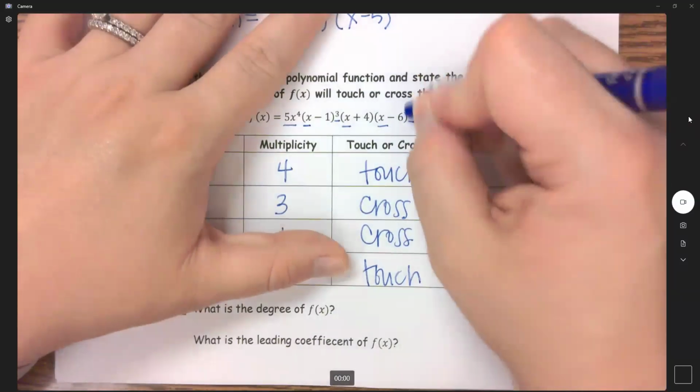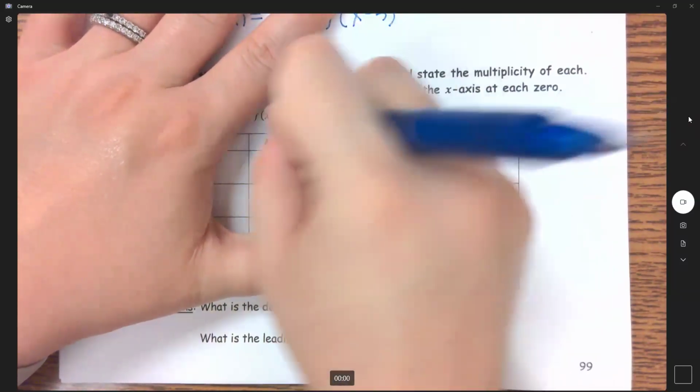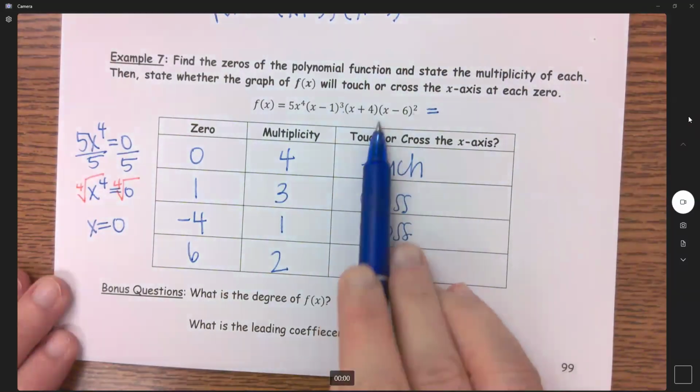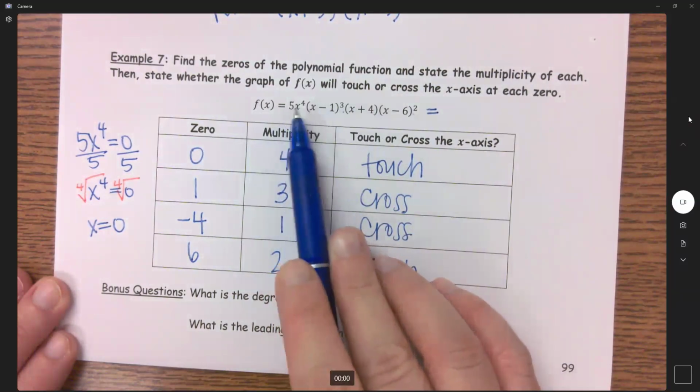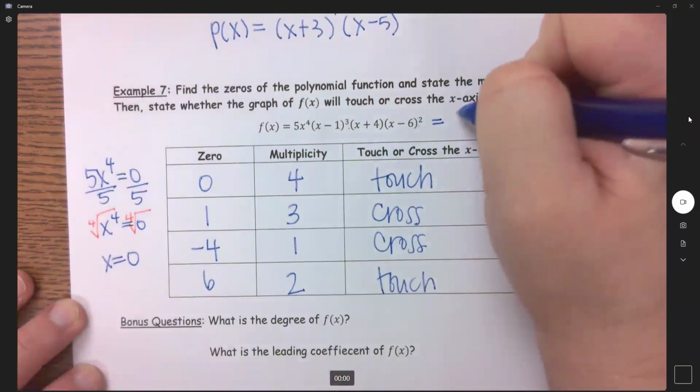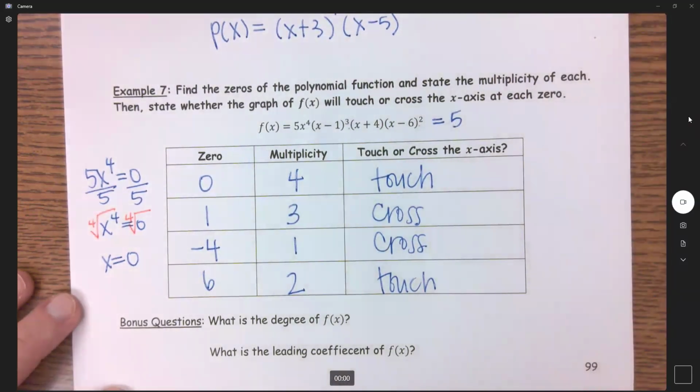Okay, I have no coefficients in any of these in here. This is 5 times 1 times 1 times 1. So my leading coefficient is going to be a 5.